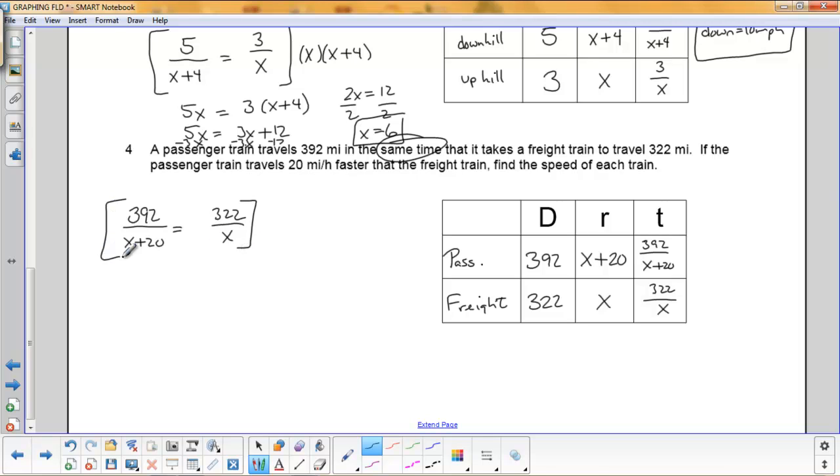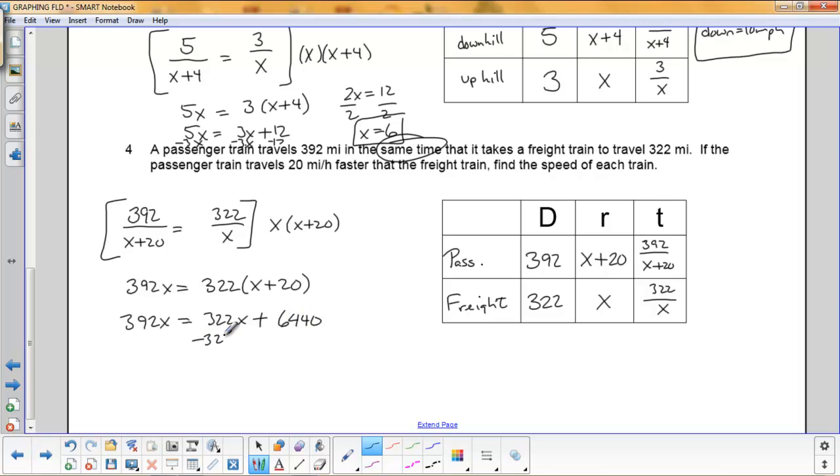Again, we need our common denominator of x times x plus 20, and that's going to help us solve this problem as we distribute it through. This one will cancel, leaving 392 times x. In this one, the x will cancel, leaving us 322 times x plus 20. We'll distribute this through. 392 times x equals 322x plus 6,440.